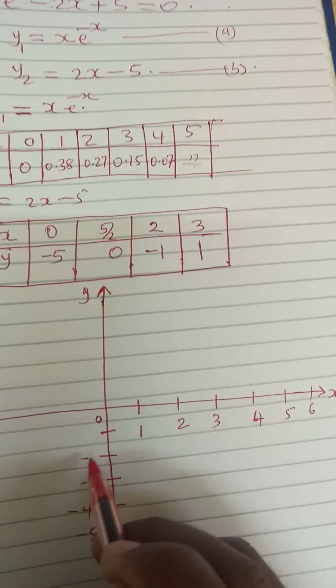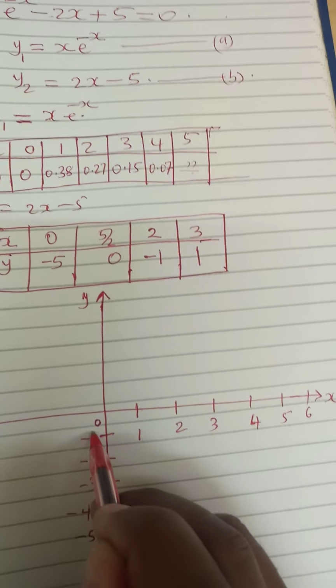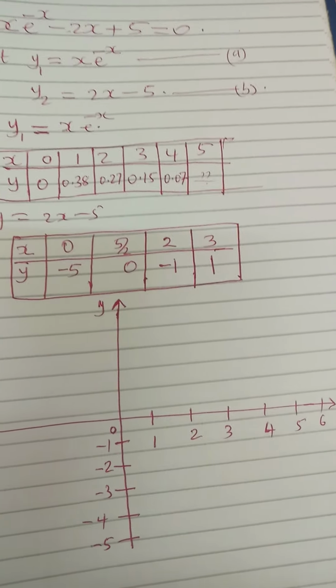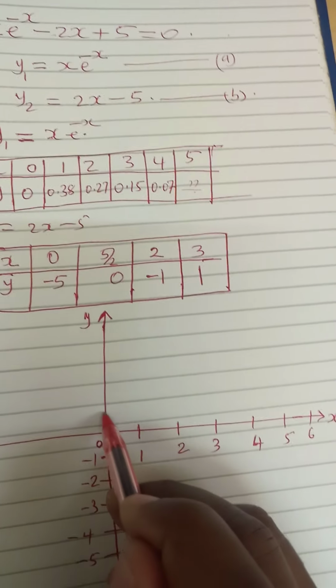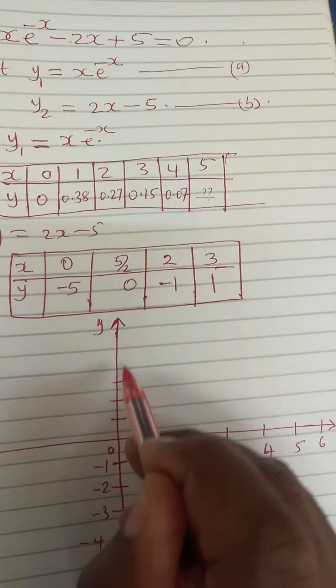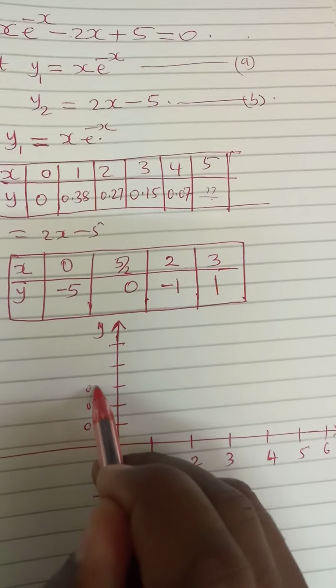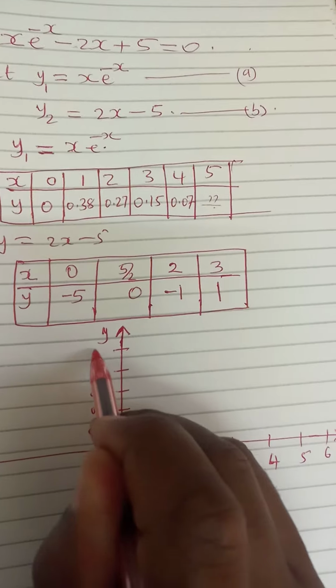And then negative 2, negative 1. For the positive values of y, because I have them in decimal points, I can consider running up to 0.1, 0.2, 0.3, 0.4, 0.5.